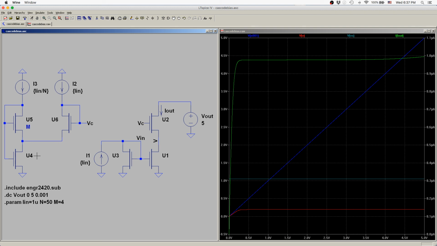You can also flip the circuit upside down and use it to generate cascode voltages down from VDD very easily. In that case, you may need to use some current mirrors to generate appropriate mirror copies of the bias current, turning it around. So this is a way of generating cascode bias voltages. It's a little more complicated than just a simple diode connected transistor, but not too much more complicated.